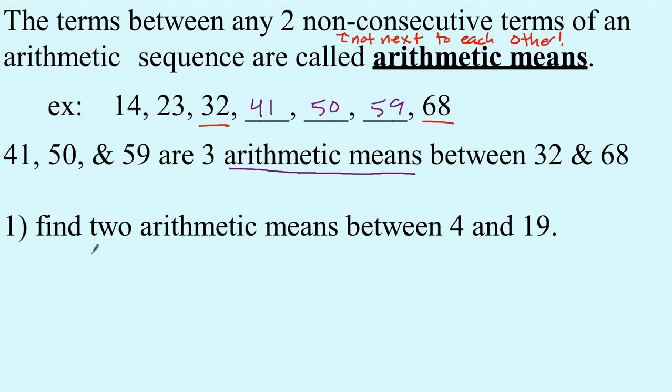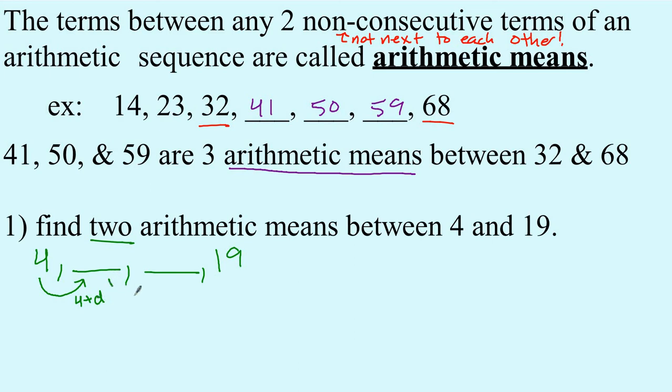So let's do an example. We want to find two arithmetic means between 4 and 19. So I'm going to do 4, comma, some term, another term, and then 19. Now, remember, this is arithmetic, which means we're adding something every time. So to go from this term to this term, I'm going to do 4 plus whatever the difference is.